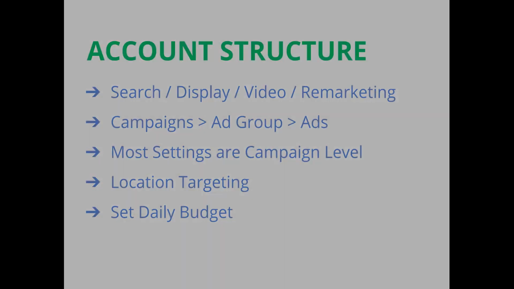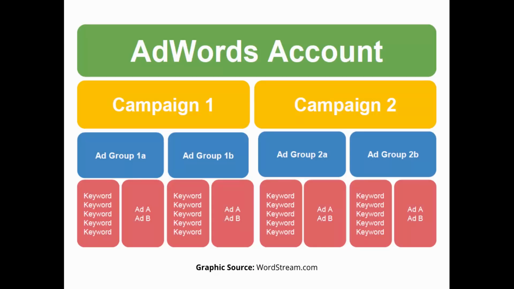And here's a visual representation of your AdWords account. So you have one AdWords account where you handle all your billing, and then you create your campaigns within that account, and then under the campaigns you're going to test your ad groups that have different keywords and different ads.